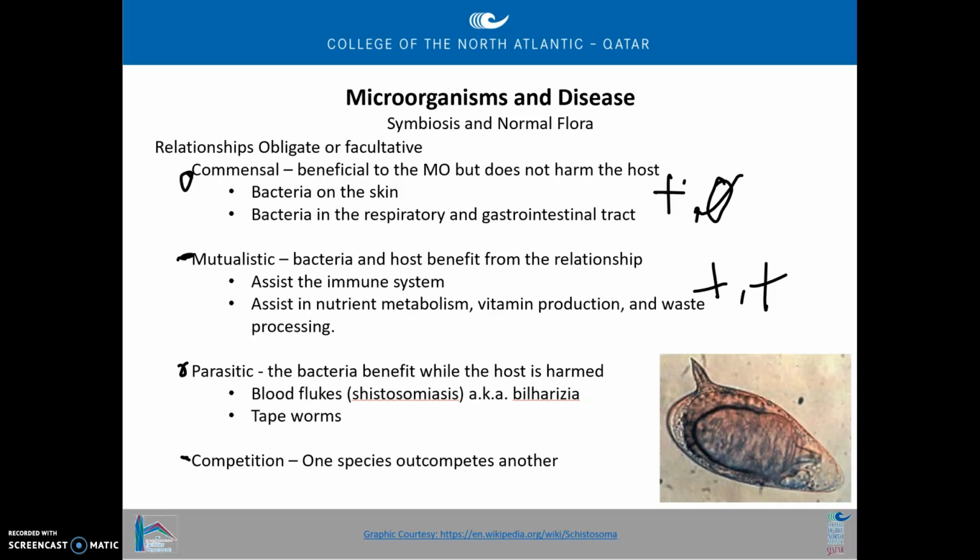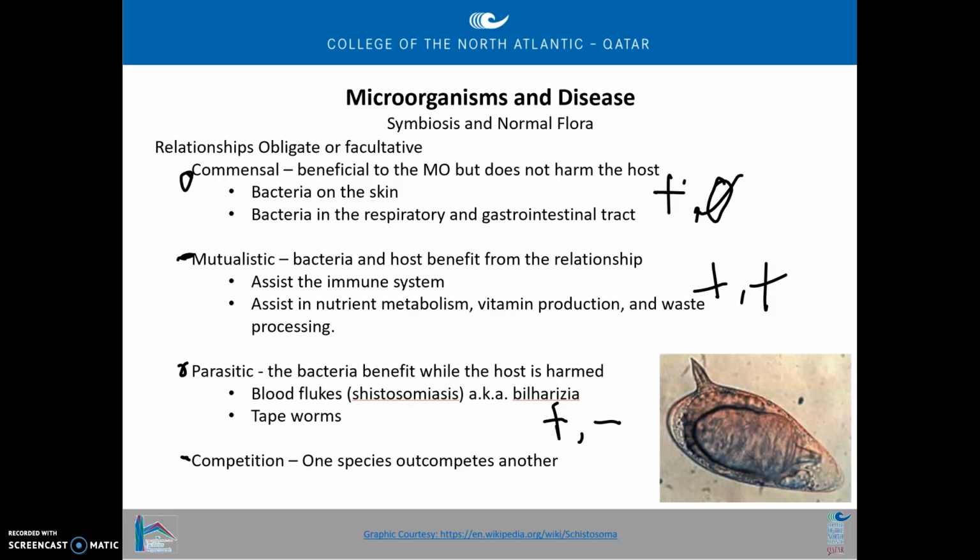Then we go to something a little bit less positive. We look at a parasitic relationship. Now, in a parasitic relationship, the bacteria is going to benefit. It's going to get some good out of this, and the host is going to be harmed. It's going to be a negative. So in this relationship, we'd say it's a positive for one, and then it's going to be a negative effect on the other organism.